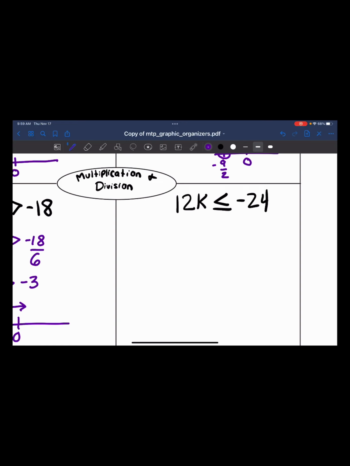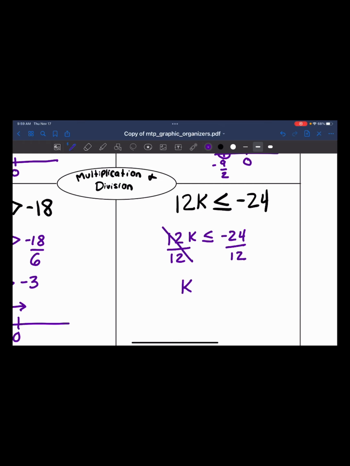12k is less than or equal to negative 24. First, we're going to rewrite it. Now we're going to go ahead and get k by itself. K is being multiplied by 12, so the opposite would be to divide both sides by 12.